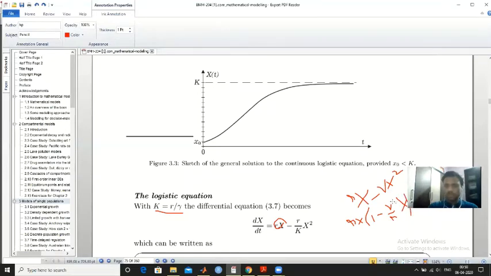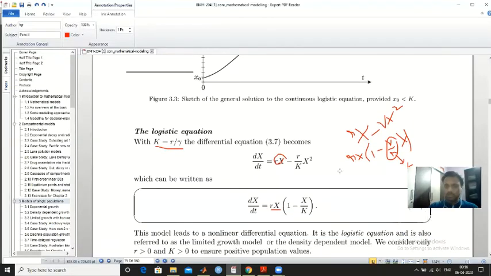So if you take K equal to R by gamma, this is known as the carrying capacity. This K is known as the carrying capacity. So our differential equation can be written in this form.